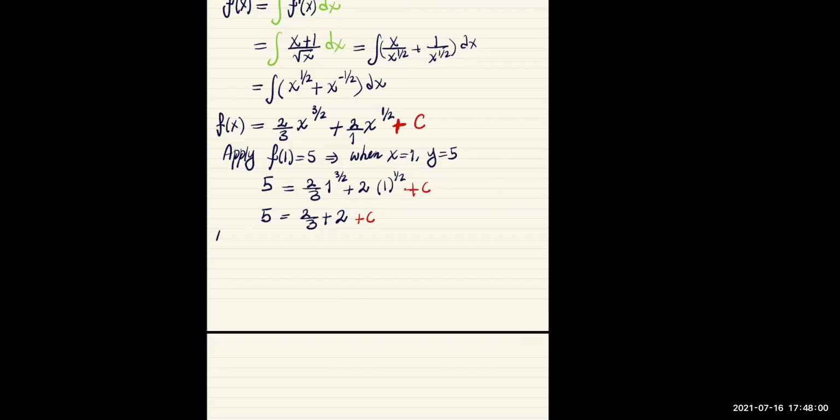Subtract 2. You get 3 equal to 2/3 plus C. Now I'm going to multiply by 3. Multiply by 3. So you get 9 equal to 2 plus 3C. Getting rid of this fraction, move the 2 over, you get 7.